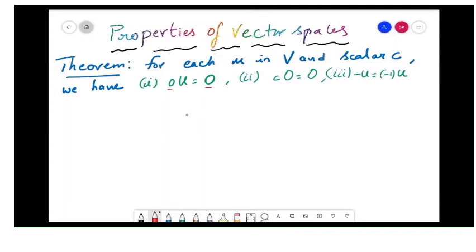Both left and right hand side have the same 0, that is the 0 vector. The scalar C is multiplied by the 0 vector, so the result is equal to the 0 vector. In general, these properties are very normal, and we see them even with numbers, that is with scalars. Now we'll prove these for vectors also. So let us look at the proof now.